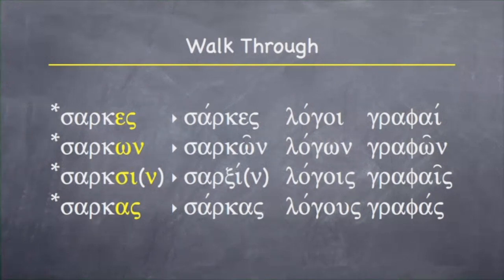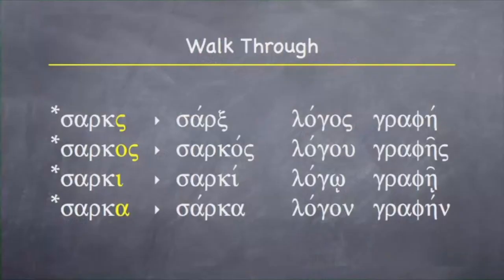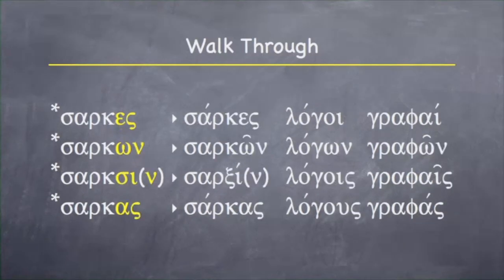Now, in the case of the first and second declension, the alpha is part of the stem, and in the third declension it's part of the case ending. But I never had any trouble memorizing alpha sigma as an accusative plural ending because of the connection. So, sarx, sarkos, sarki, sarka, and in the plural, sarkes, sarkon, sarxi, and sarkas. Piece of cake, huh? That's not hard to do at all.